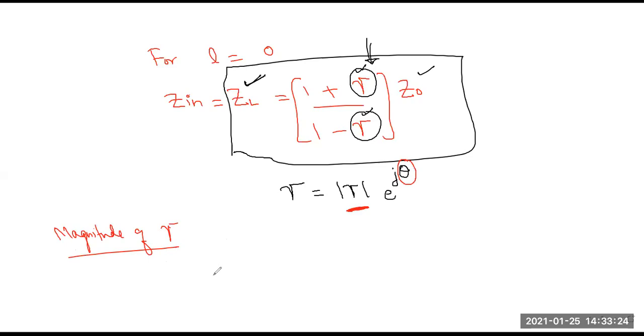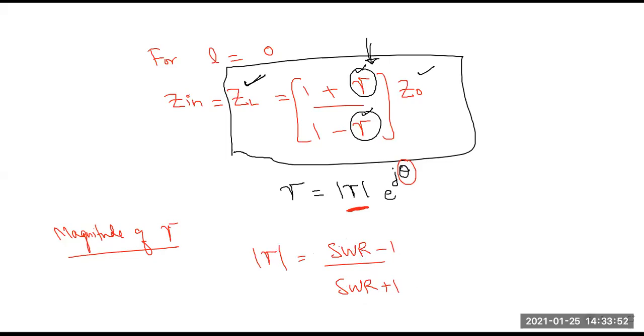Standing wave ratio and reflection coefficient are related, and the relationship was, as I have already derived it, so I'm just writing it directly, that the magnitude of the reflection coefficient is always equal to (standing wave ratio minus 1) divided by (standing wave ratio plus 1). So I will be able to find out the magnitude of the reflection coefficient if I know the standing wave ratio.